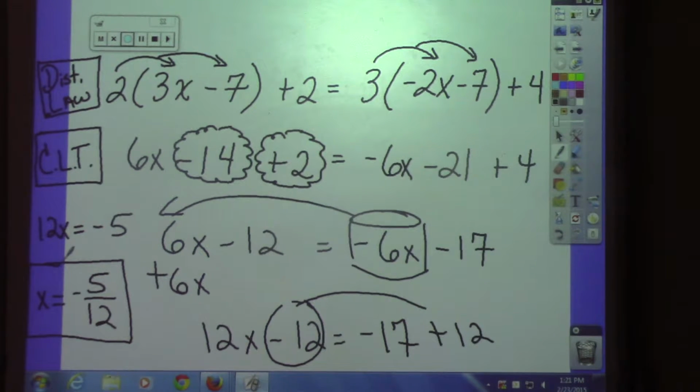Do you notice anything about the way that I do these type problems? Anybody want to give any input on how I show them to y'all? In order, yes.